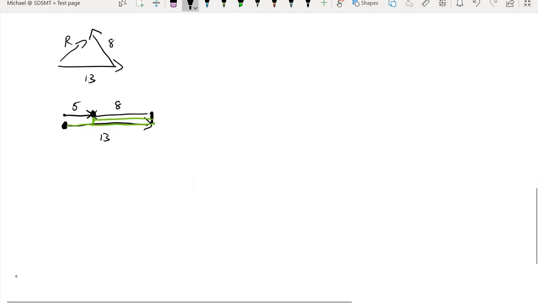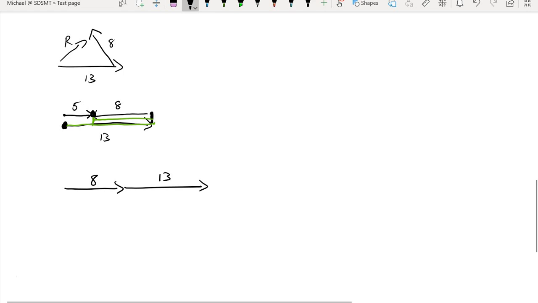And it's at this point that someone says, well, you told us that it doesn't matter what order we add the vectors together. What if instead of starting with the 13, we started with the 8?